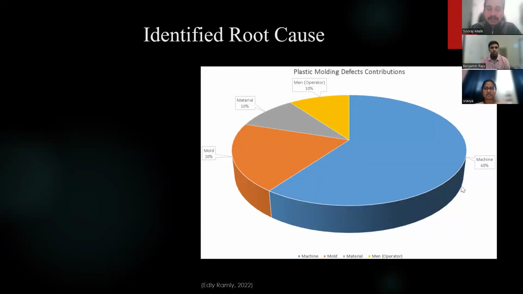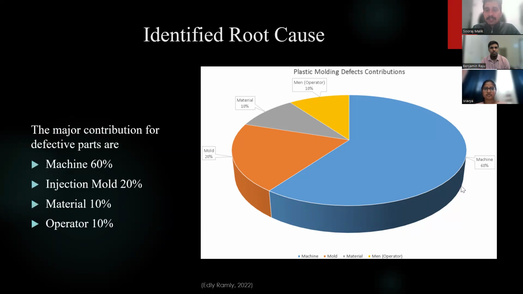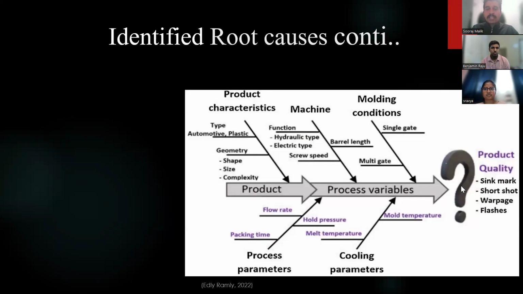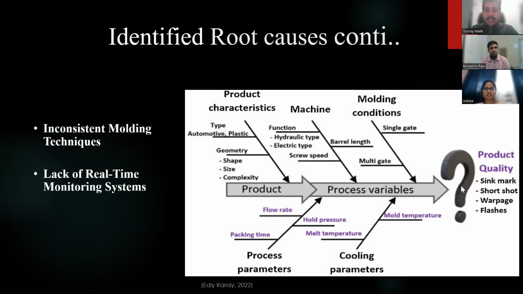As we can see in the diagram, the major contributors to the defective parts are the machine at around 60%, the injection mold at around 20%, the material at around 10%, and the operator at 10%. As you can see in the fishbone diagram, the process depends on various process variables like temperature, pressure, and other parameters mentioned in the diagram.